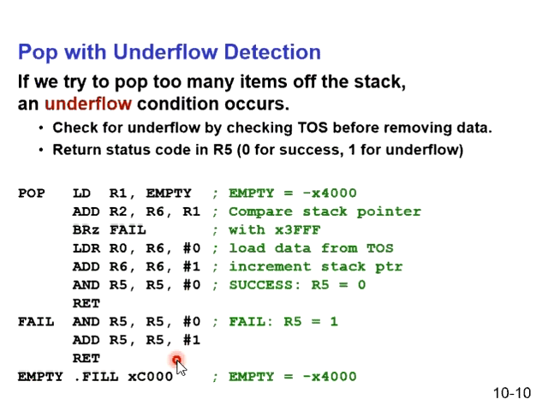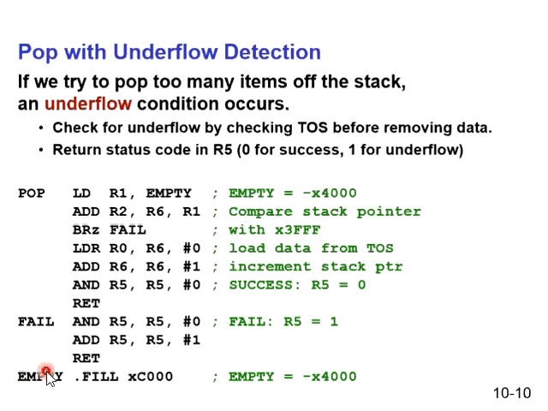So over here, you can see the pop subroutine with underflow detection. When you pop a data item out of the stack, you should check if it's empty or not.